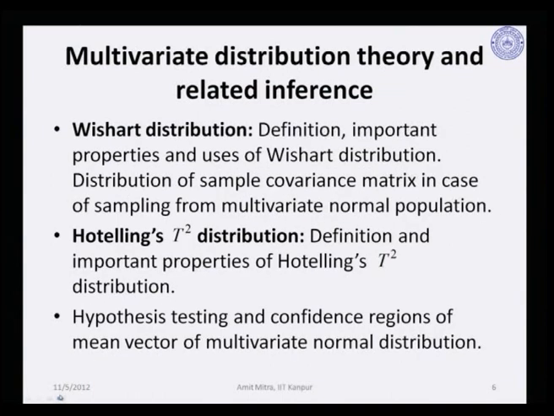Now, once we are through with that multivariate normal distribution theory and random sampling associated with it, we will look at the Wishart distribution, which is an important multivariate distribution, derived from a multivariate normal distribution.